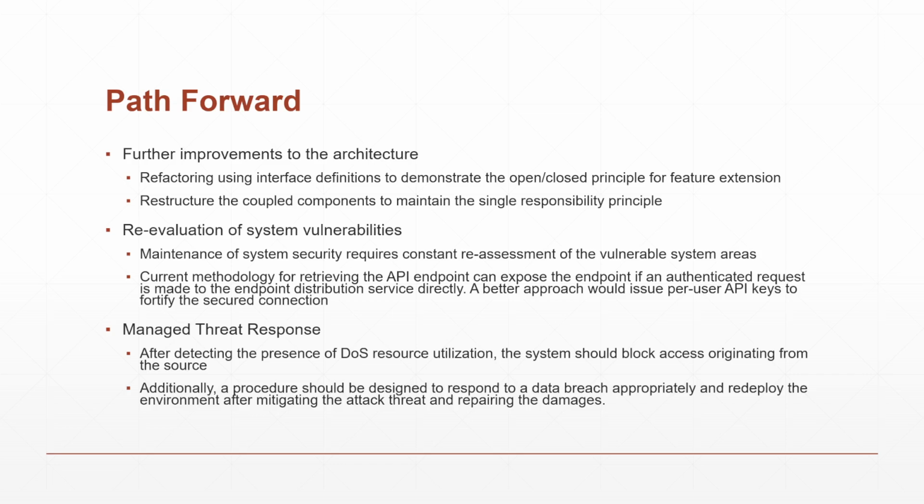We also need to re-evaluate system vulnerabilities, as the maintenance of system security requires constant reassessment of the vulnerable system areas. An example of this is the current methodology for retrieving the API endpoint can expose the endpoint if an authenticated request is made to the endpoint distribution service directly. A better approach would be to issue per user API keys to fortify the secured connection.